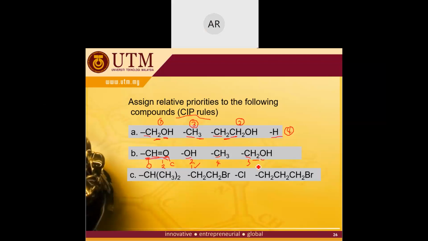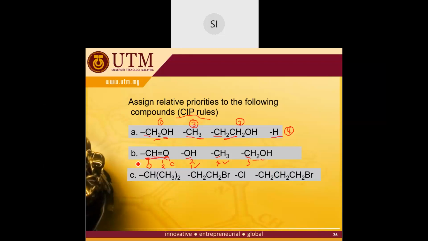So we pick the highest atomic number. This is hydrogen, and this is oxygen. This one is definitely number four. This one draws both oxygen, and then we take the second highest atomic number, which is hydrogen.